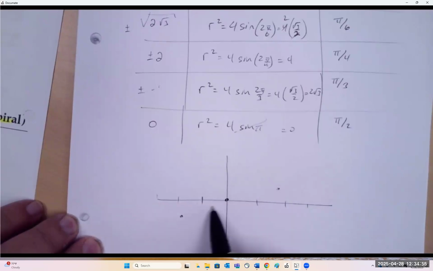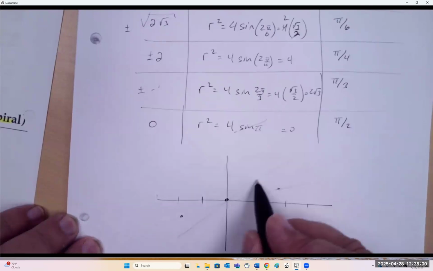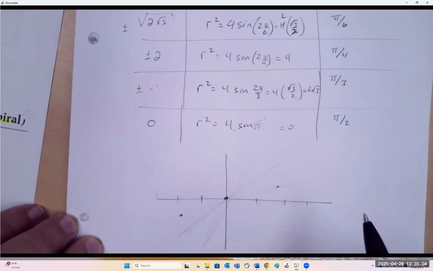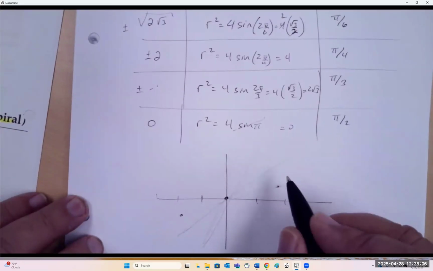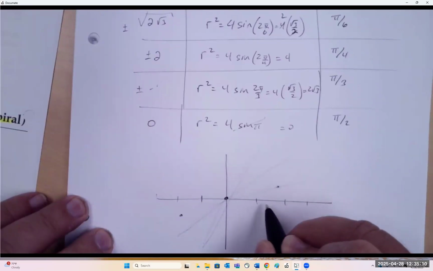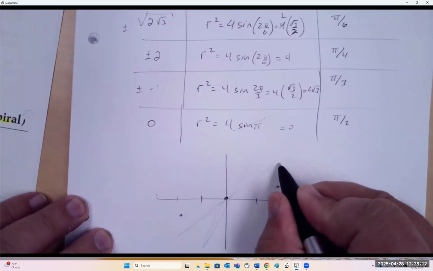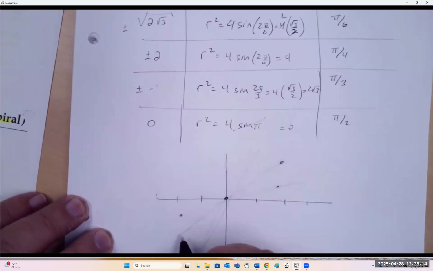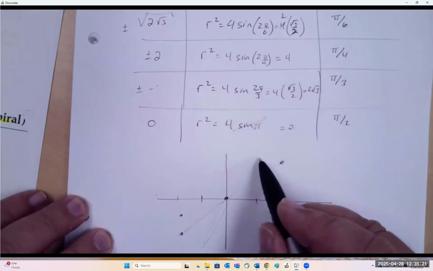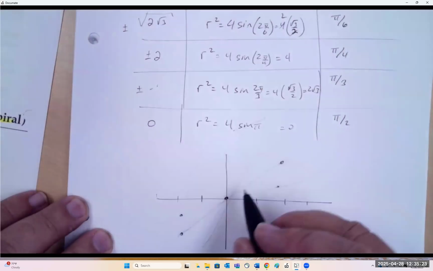This is at pi over 6. Then at pi over 4, and pi over 3. Pi over 4 is 2, so it's 2, negative 2. Then pi over 3 is the same as the other one.